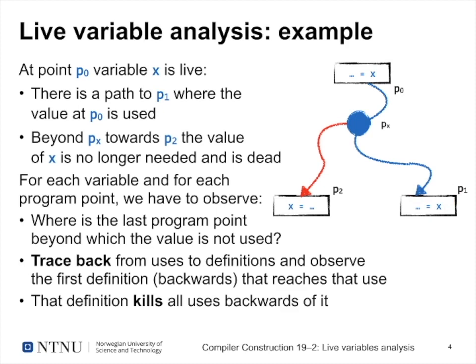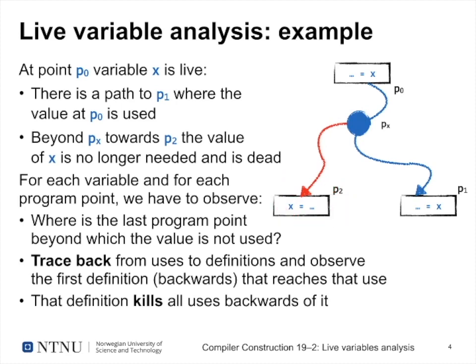Of course programs can branch. If we have a situation like this, we have a certain point in our program where we can branch to the left to p1, p2, and to the right to p1 here, and we can have different behaviors of our program. We see we have a program point px here, and if we go to the left at p2, the value of x is overwritten with some new assignment.